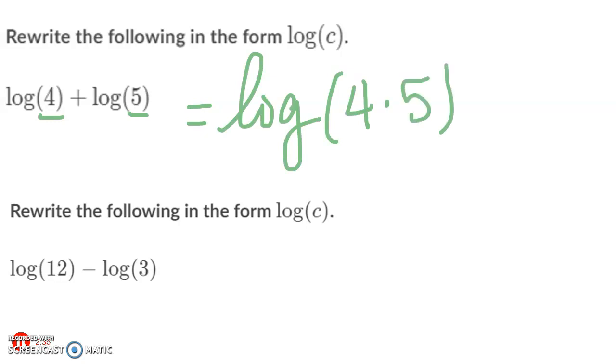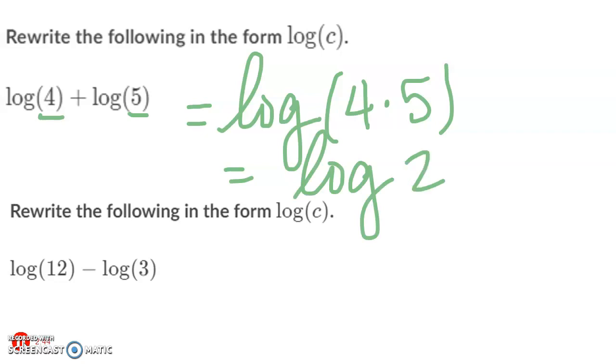We learned in class why that was true based on exponent rules, which is the same as saying log of 20. And of course, if there's no base written, we know that's base 10, right? Log base 10. Just a reminder of that. Okay?